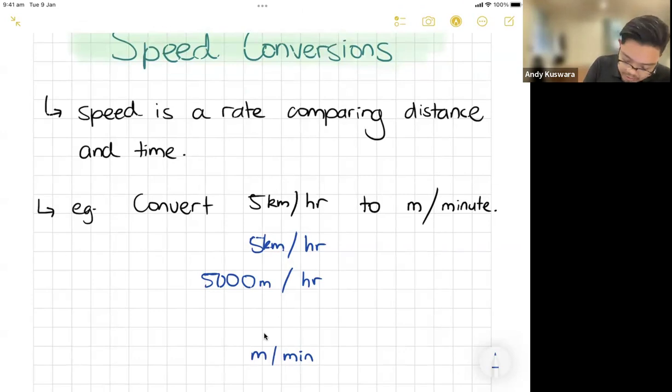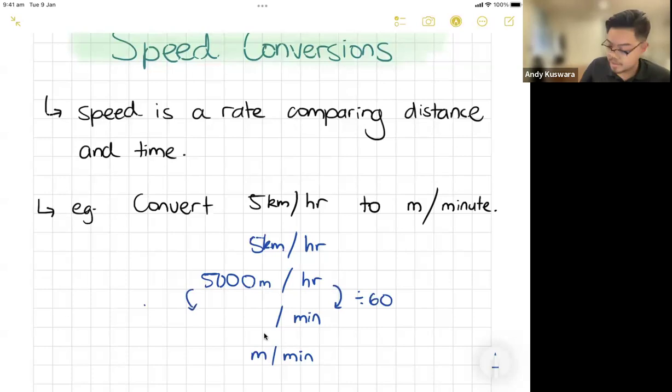Okay, now if I'm changing from hours to minutes, 1 hour is how many minutes? Hopefully you said 60. So how do I get from 60 minutes to 1 minute? Well, I need to divide it by 60 because I'm getting smaller. So if I divide 60 on this side, what do I do to this side? You guessed it, the same thing.